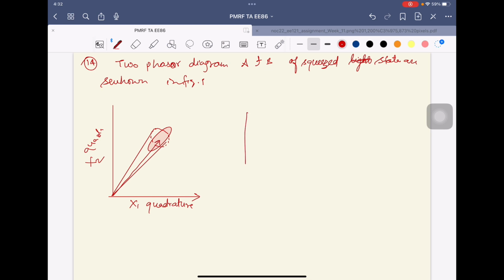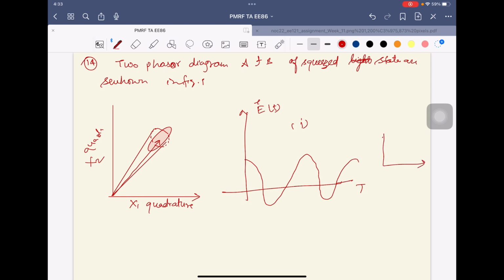The electric field E(t) is given, and the average of E(t) is given like that.